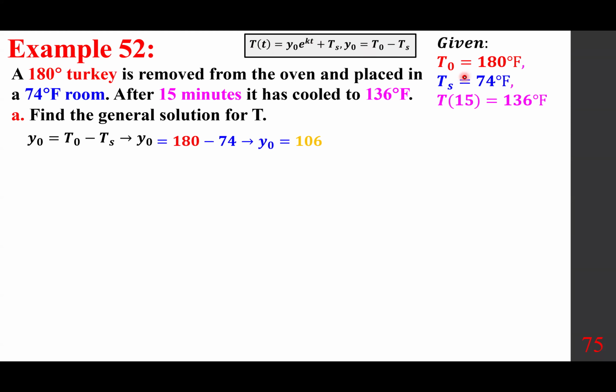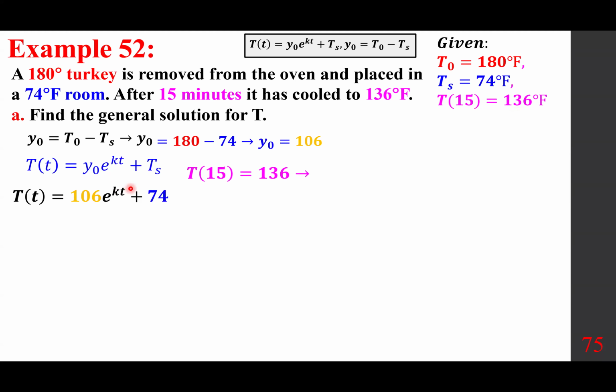So the formula becomes T of t equals 106 e to the power of kt plus 74. We have everything except k, because T of 15 is 136. We can find the value of k.